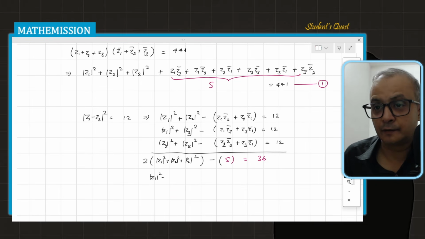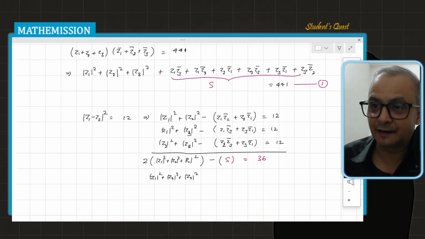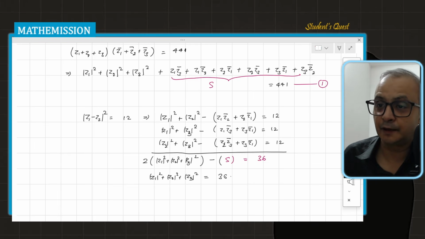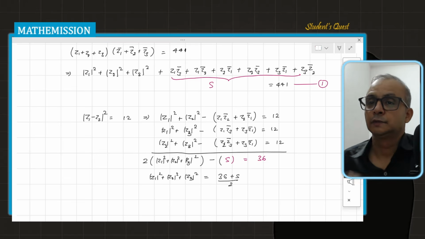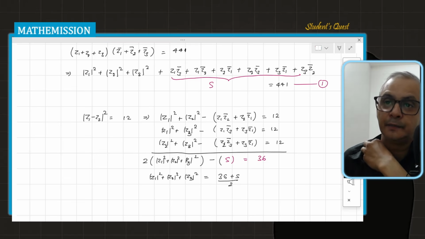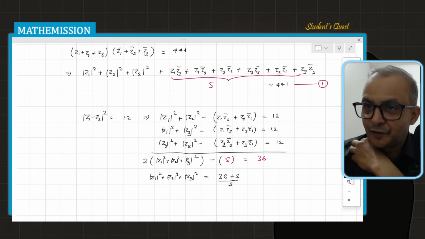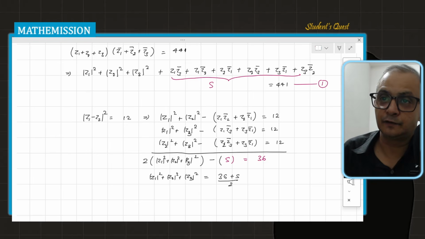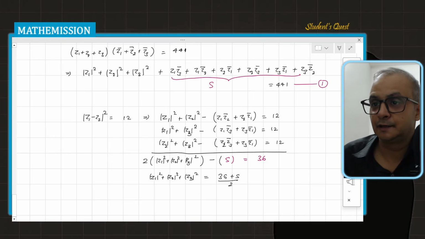So |Z1|² + |Z2|² + |Z3|² is going to be 36 plus s by 2. I have to find the s value first because it is convenient for us. So let's substitute this whole thing in place of this quantity.